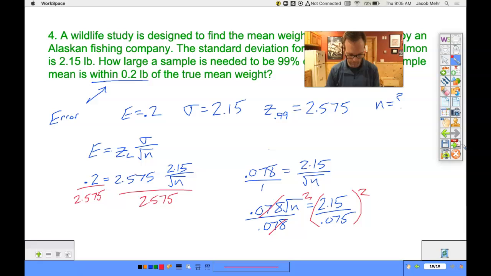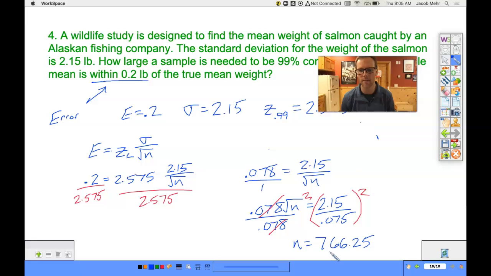So I'm going to type in on my calculator 2.15 divided by, I'm going to grab this 0.078 number from my calculator, so I'm not using that rounded number. I'm going to close the parentheses and then I'm going to square it. And I get n of 766.25. So this is the sample size that will create an error of 0.2.